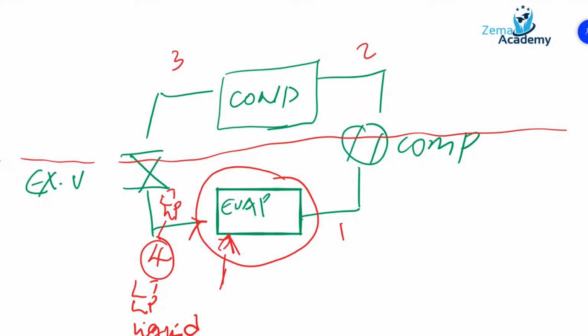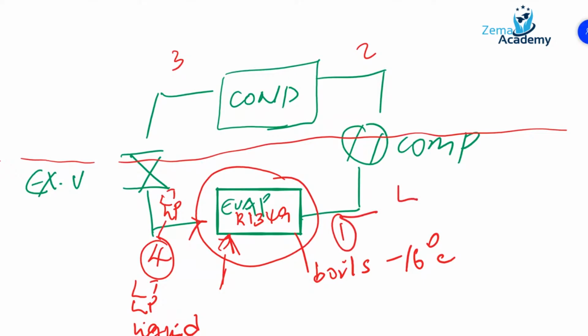As it travels through the heat exchanger, or the evaporator, the refrigerant boils. The advantage of using a refrigerant is that it boils at a very, very low temperature. For instance, if we take R134a as an example, that refrigerant boils at minus 16 degrees C. So that low temperature and low pressure liquid gets boiled, and when it comes out at point 1, we have low temperature and low pressure vapor.